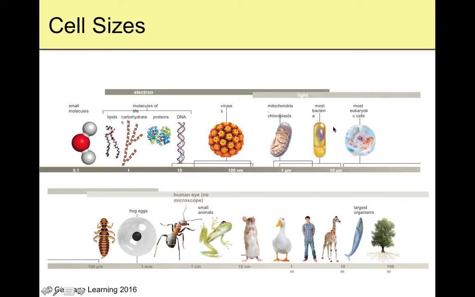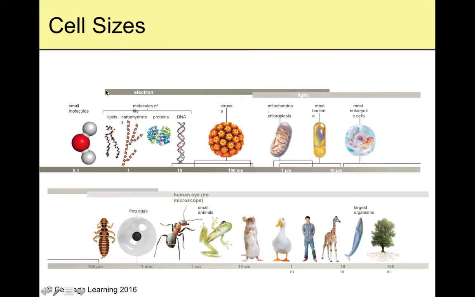And we're going to get into most eukaryotic cells, which we really can't see with the naked eye. Bacteria we can't see, but we can see them with a light microscope. And then little mitochondria in cells. You can see a few of those, but you're going to be straining your eyes pretty hard at this point. So organelles inside the cells are where light microscopy ends and electron microscopy begins.